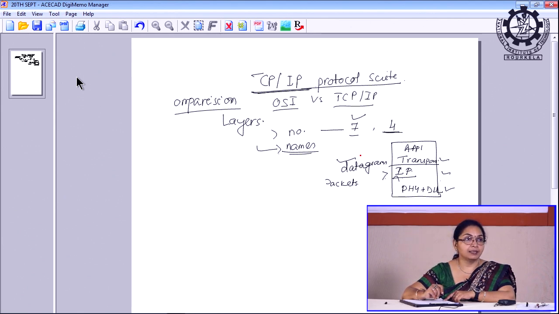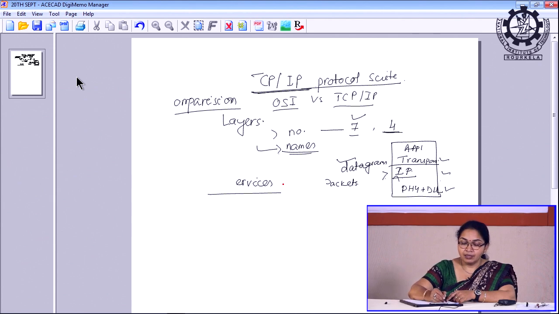The reason is that OSI and TCP/IP differ in the kind of services they provide. So, one difference is the number of layers, and the other is the services they provide.